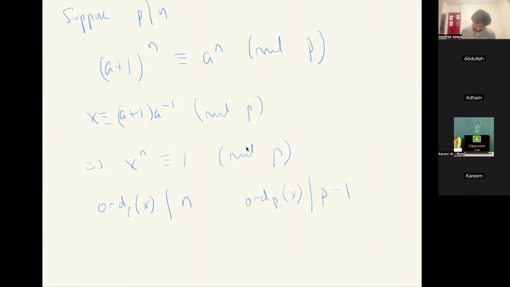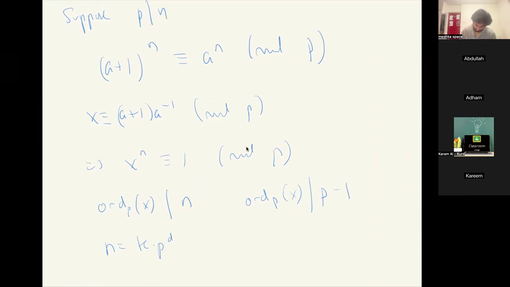Now, actually, I think we can say that n equals k times p to the d, where k is not divisible by p. I already used x, so let's use d.